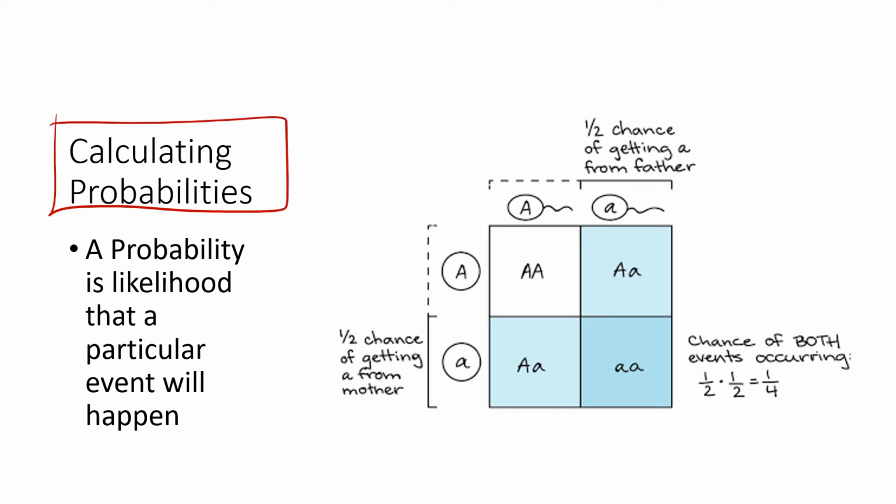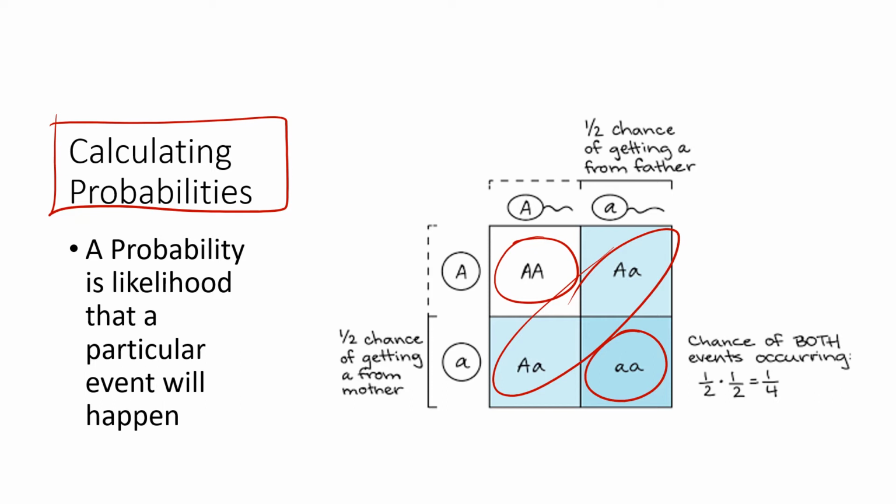So when we look at this, we can see that there is a 1/4 chance that the offspring is going to be homozygous dominant, or in our case, have blue flowers. There is a 50% chance that they're going to be heterozygous, which also means they have blue flowers, and a 25% chance that they are homozygous recessive, meaning they would have yellow flowers.